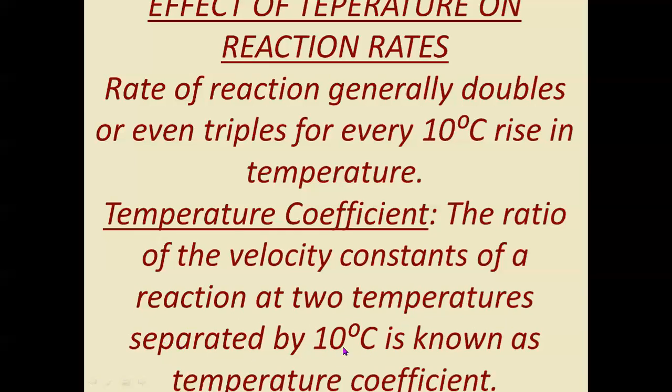Meaning if we take 5 degrees and then 15 degrees, or 10 degrees to 20 degrees, like that, it is known as the temperature coefficient. So the temperature coefficient is nothing but the ratio of the velocity constants or rate constants of a reaction at two temperatures which are separated by 10 degrees centigrade.